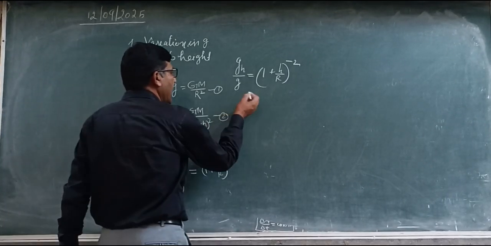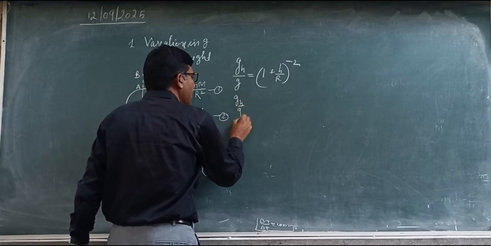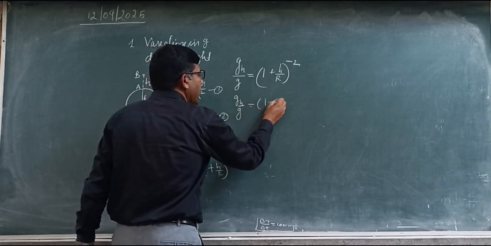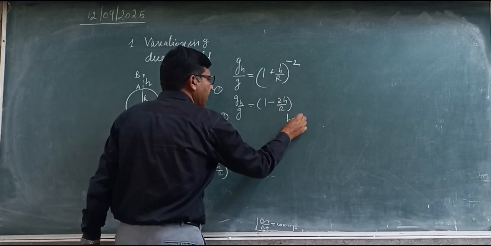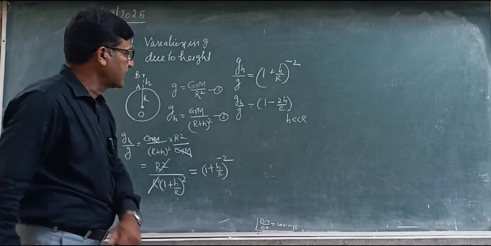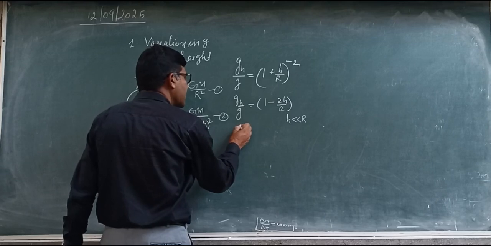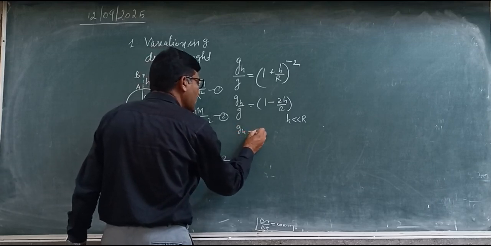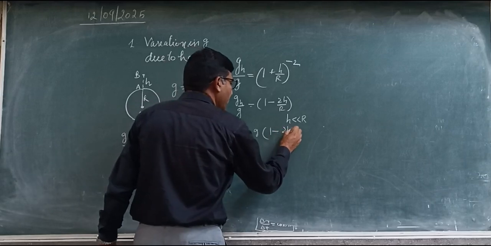So expanding it using binomial theorem, what you get is 1 minus 2h upon R, and it is assumed that h is very small compared to R, so higher powers are neglected. So in this case you can see that gh is equal to g into (1 minus 2h upon R).